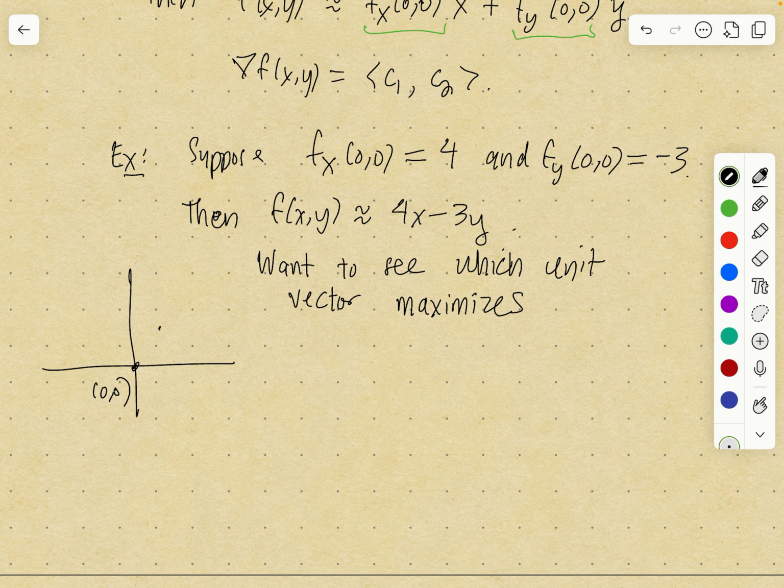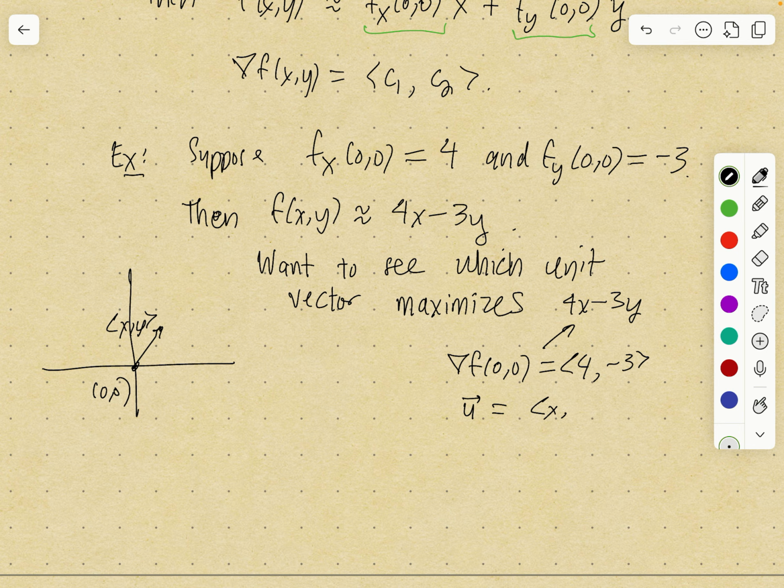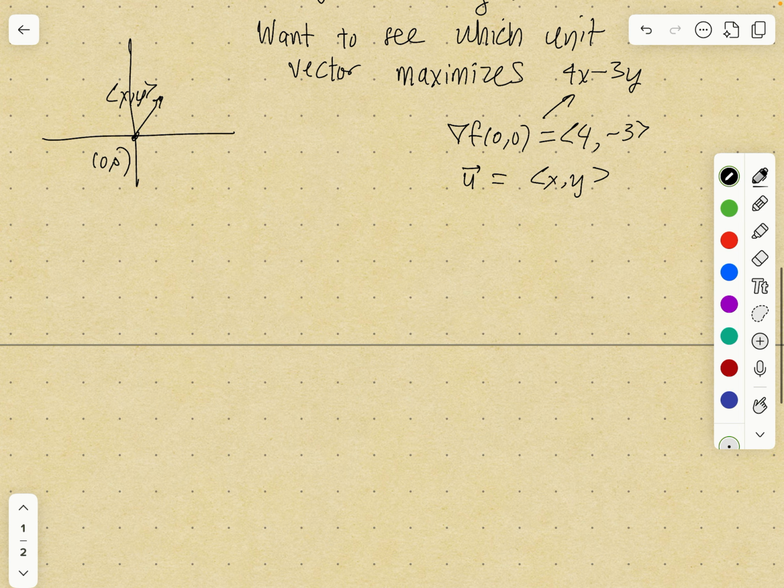Well, if your vector is x comma y, then the directional derivative we've seen is just equal to 4x minus 3y, because the gradient of f at 0, 0 is 4, negative 3, and your unit vector u, let's call it x comma y, then the dot product, we've seen that the directional derivative is just the dot product, right? That's 4x minus 3y.